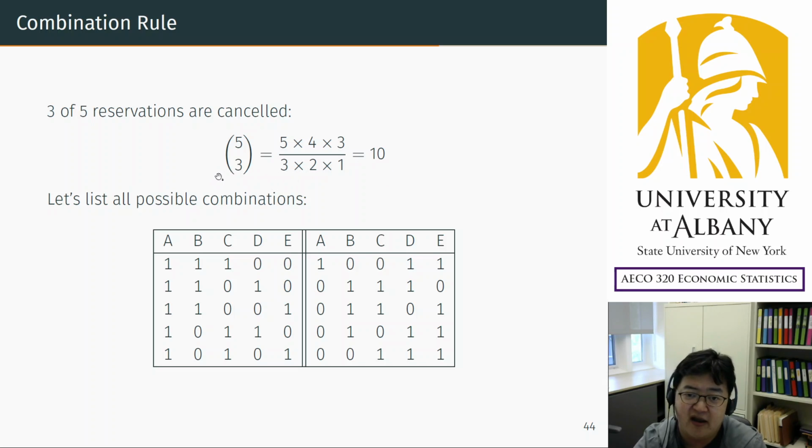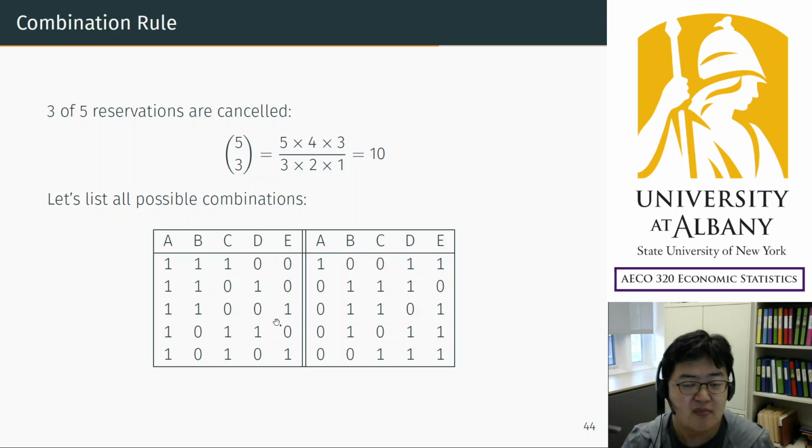Just to verify that this is correct, of course it should be correct, I list all the possible combinations. There are 5 reservations, A, B, C, D, E, and we write 3 ones and 2 zeros. These are all the possible combinations you can make up, right?